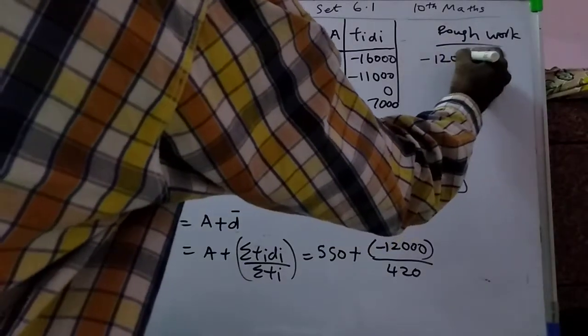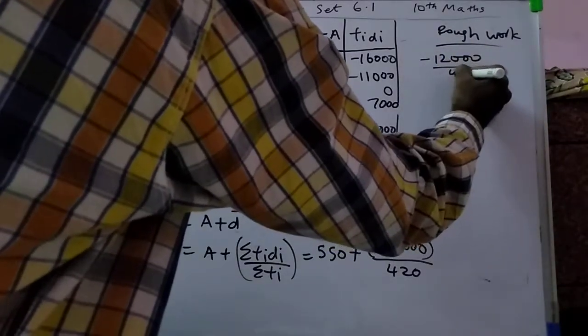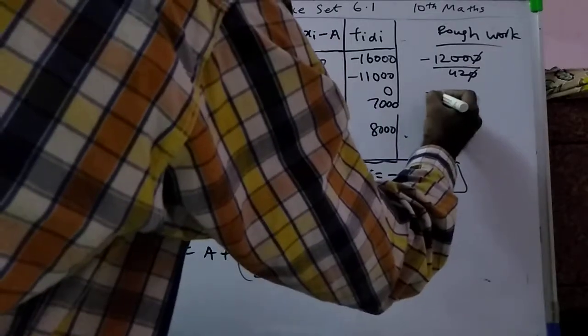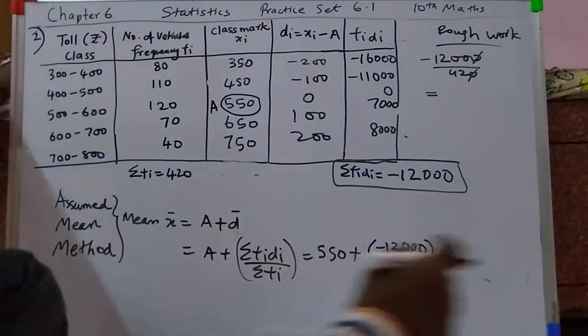Minus 12000 divided by 420, cut this. Then it will go into table.